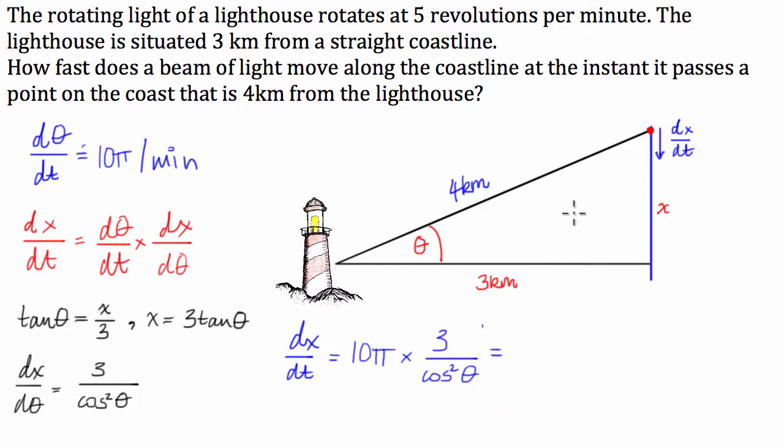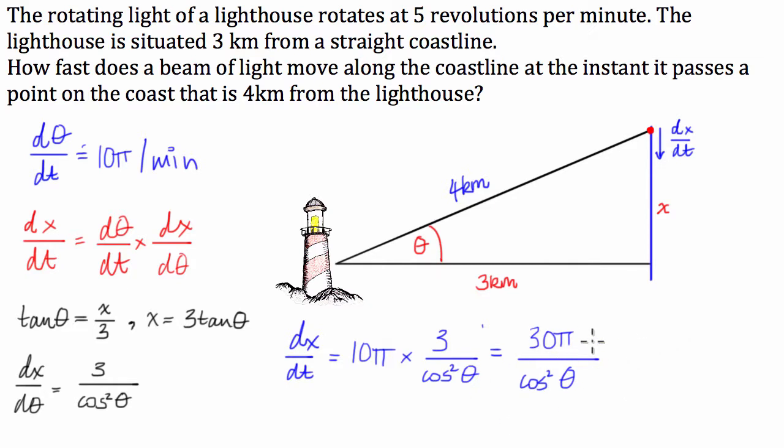Now let's simplify that to make it easier for ourselves. This is going to be equal to 30 pi over cos squared theta.